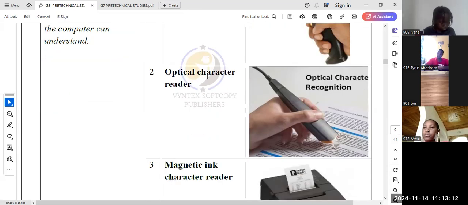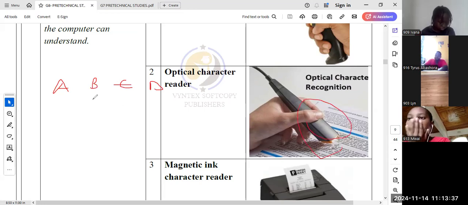This one is the optical character reader. I was giving you an example like that one used for marking KCPE and KCSE mark sheets, because normally you write them like A, B, C, D. So if this is correct, you use this one here to read this one as the correct answer.